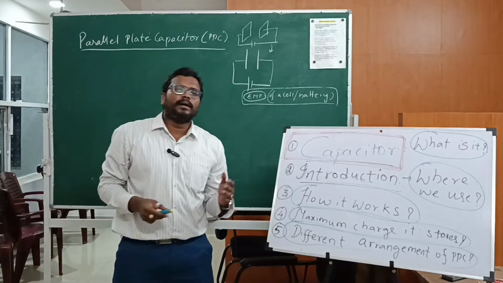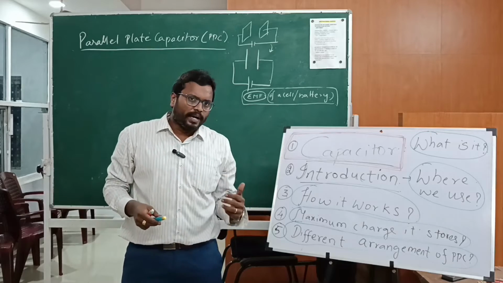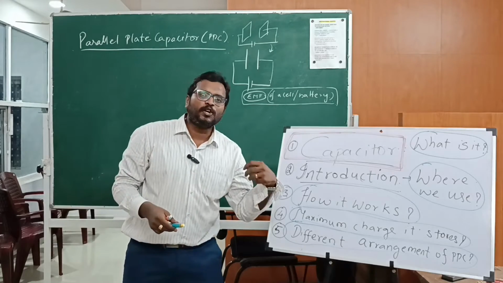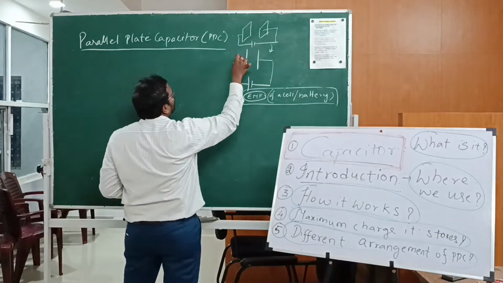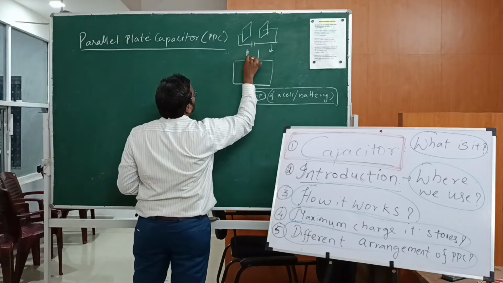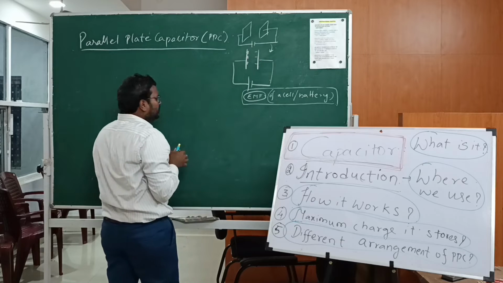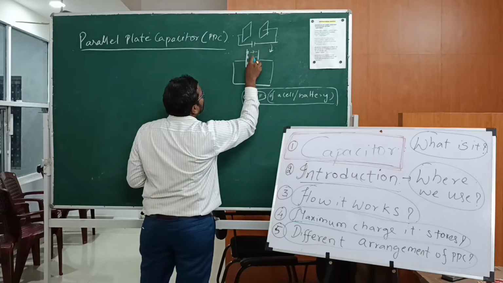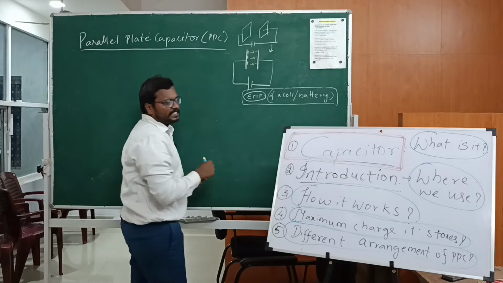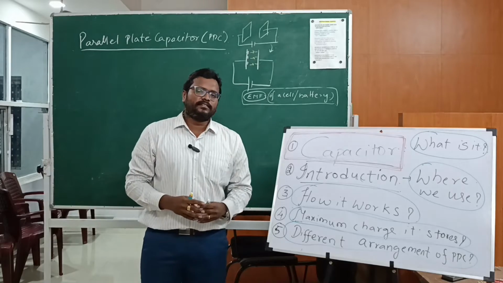So what is a capacitor? A capacitor is an electric device which stores charges. And when it is storing charges, it also stores electric field energy between these parallel plates.